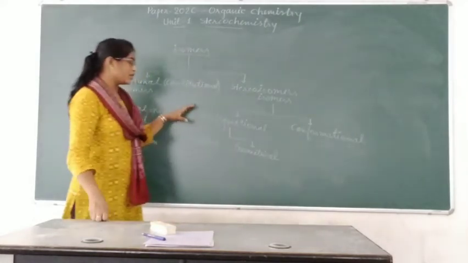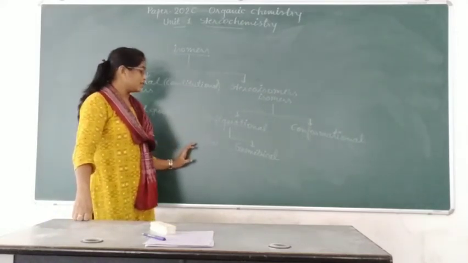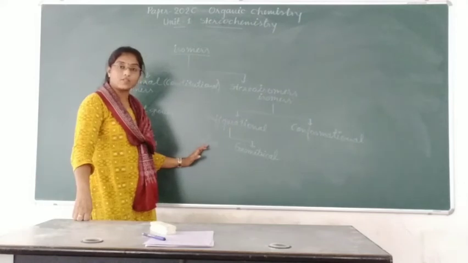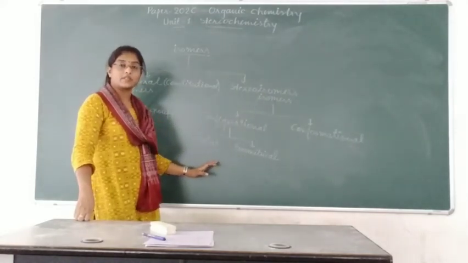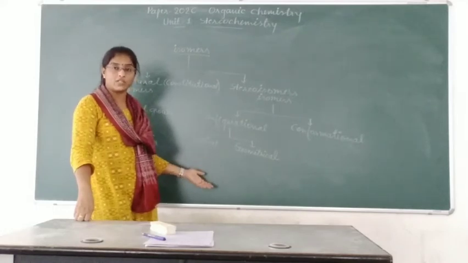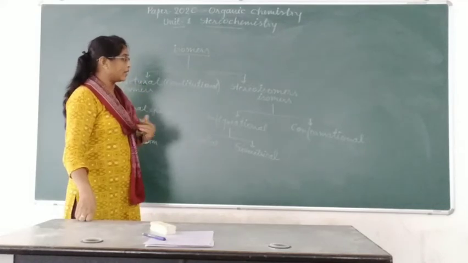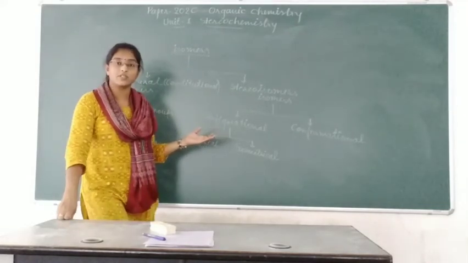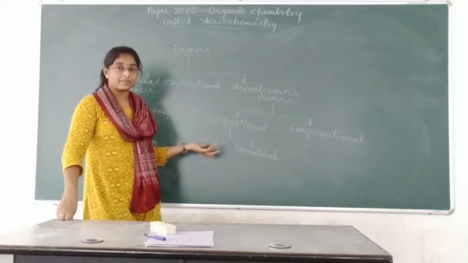This configurational isomerism you have already studied in an earlier standard. It is a type of optical isomerism and geometrical isomerism. In that you have studied enantiomers, diastereomers, etc. All of that we can include in configurational isomers, meaning a different spatial arrangement.